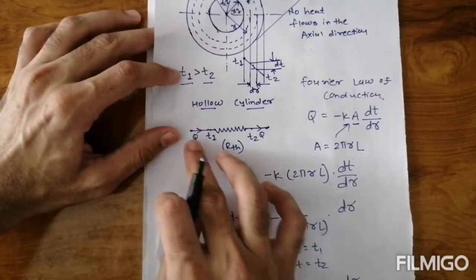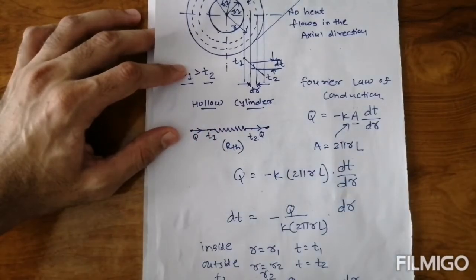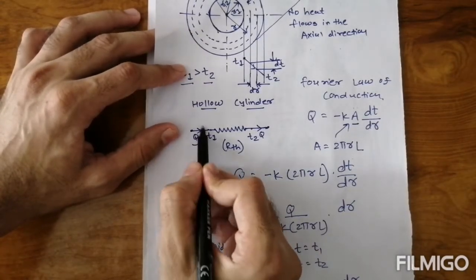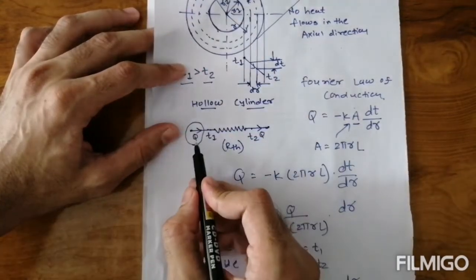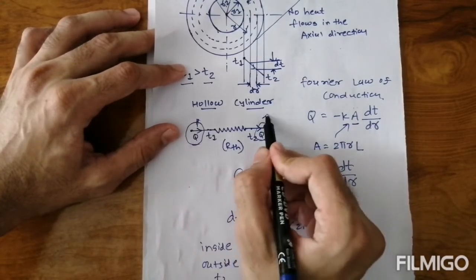Now you can see here an electrical analogy is there. What will be your electrical analogy? Similarly, for electrical circuits normally we consider voltage and current. Instead of voltage and current, here we consider rate of heat transfer, temperature and resistance. So how much heat will be transferred from inside to outside? We consider Q in and Q out: that side is your inside and that side is your outside.